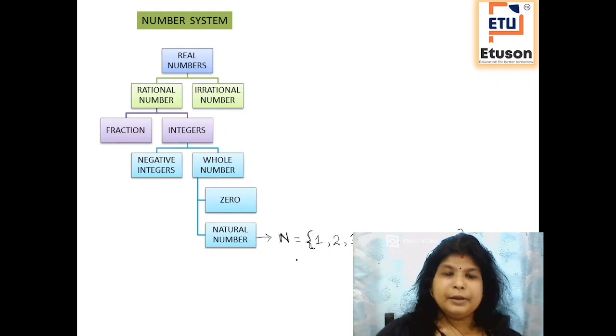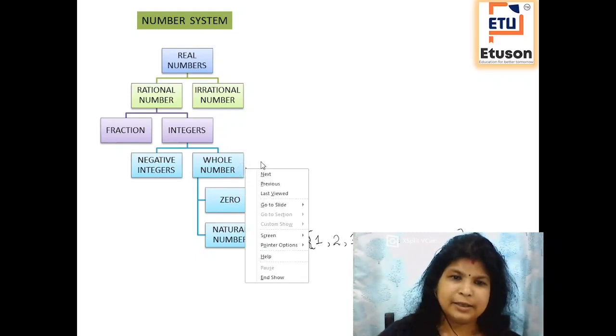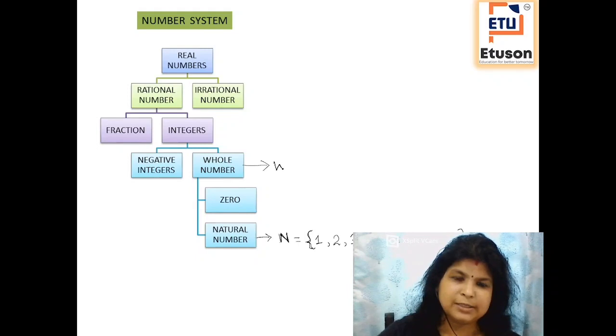Now I have written 0 here, and the combination of these natural numbers and 0 makes it what? It makes it whole numbers. So what is the basic difference between whole numbers and natural numbers? Nothing great. Whole numbers are natural numbers combined with 0.